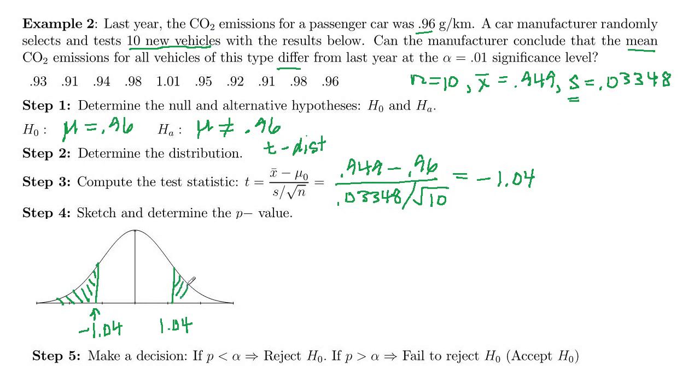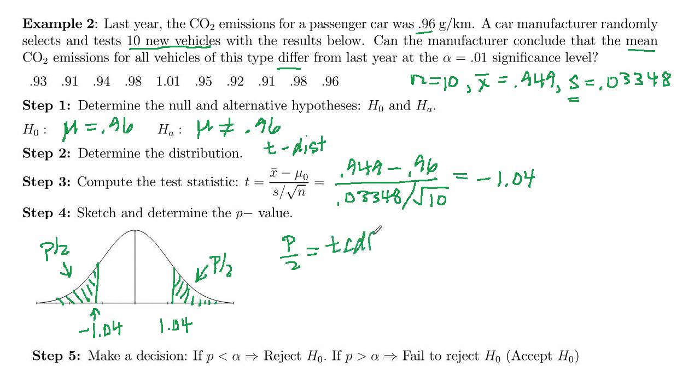And then the other half of the p-value comes from that. So each half is p over 2. So half of the p-value is going to be either of these areas. Let's do this one.